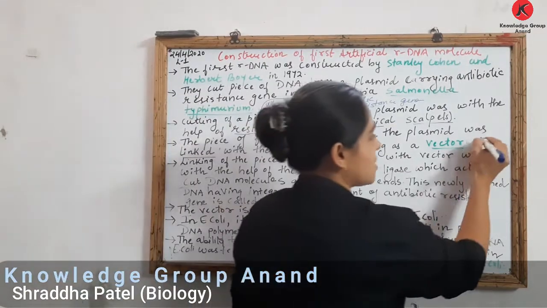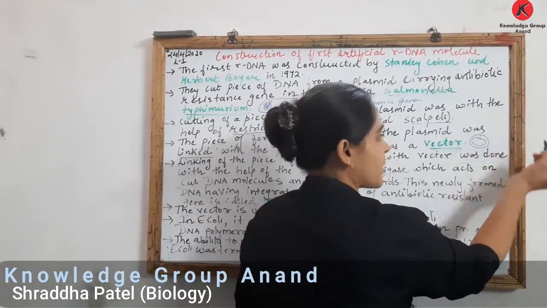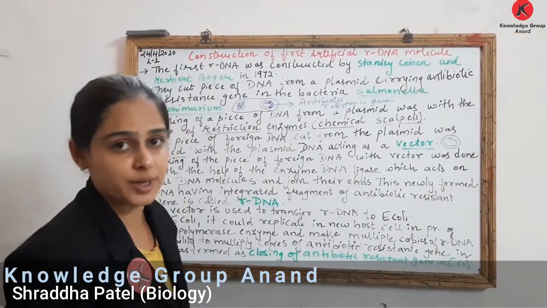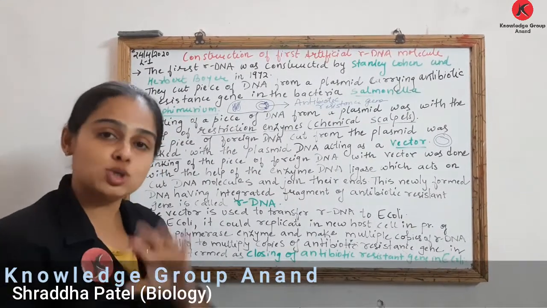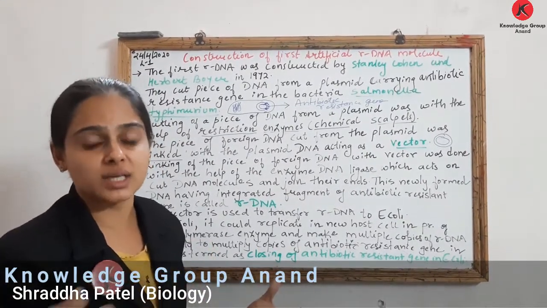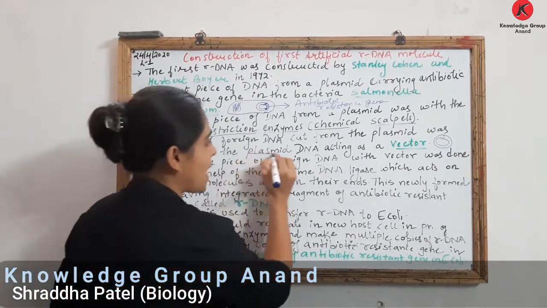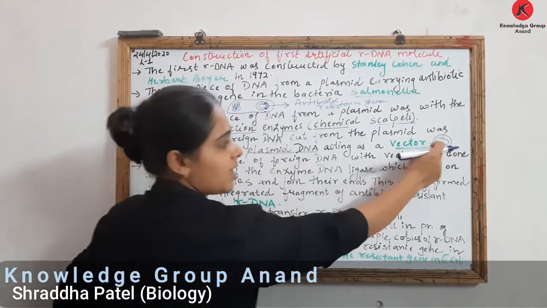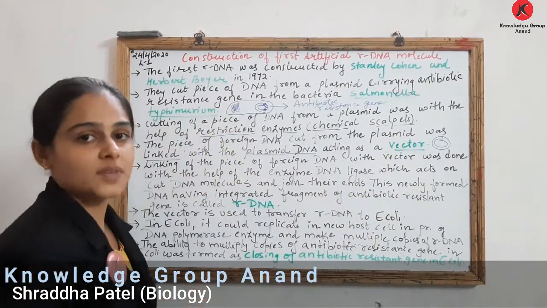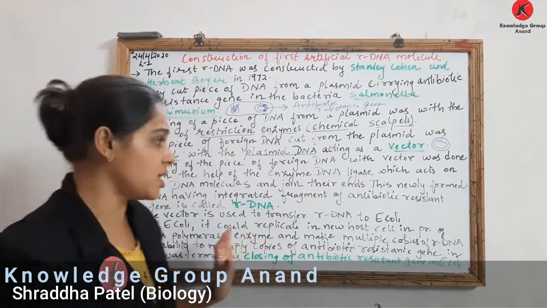Again, as a vector there is one more plasmid that you would have taken from another bacterium. Okay, so simple as that. This plasmid DNA acts as a carrier. Okay, simple as that.